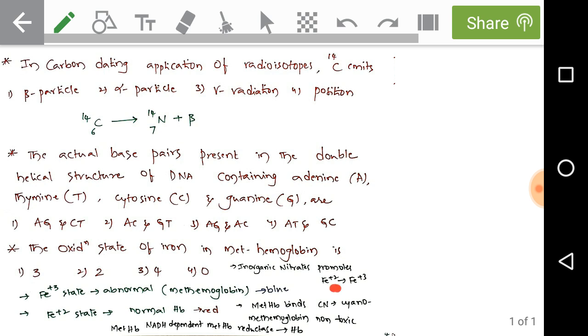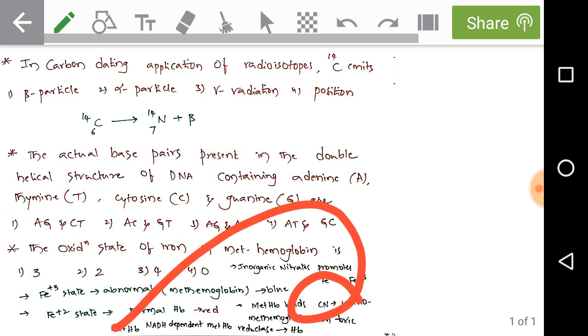Methemoglobin binds with cyanide and makes cyanomethemoglobin, which is non-toxic in nature, and at the same time inorganic nitrates promote iron plus 2 to iron plus 3. Just keep these important points regarding methemoglobin. NADH dependent methemoglobin reductase converts methemoglobin to hemoglobin.